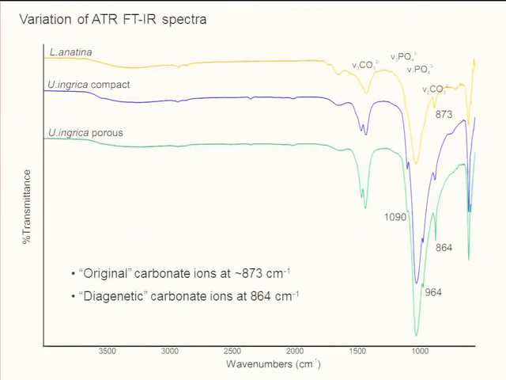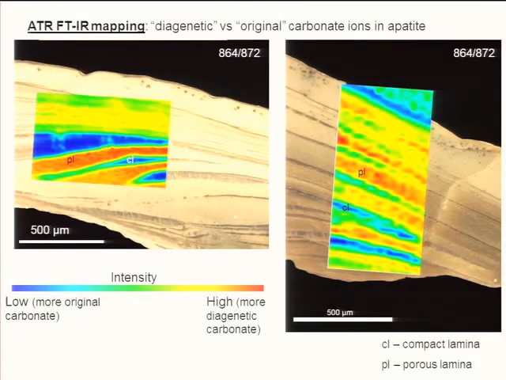And it has been suggested that the appearance of this carbonate species in fossil apatitic skeletons means that the apatite in fossils has been diagenetically changed.